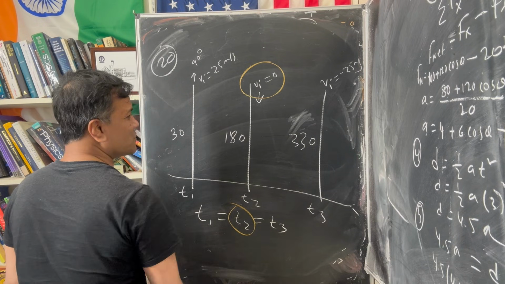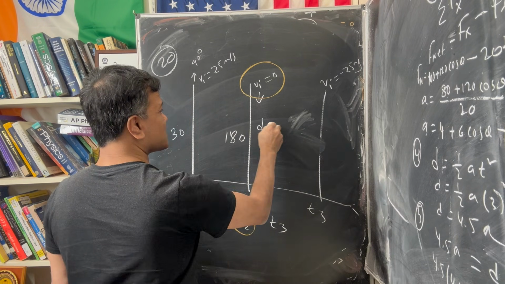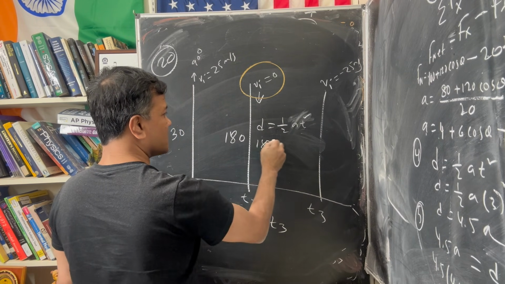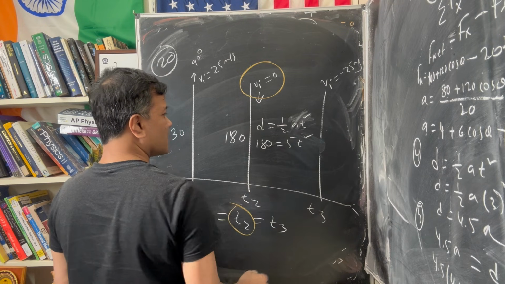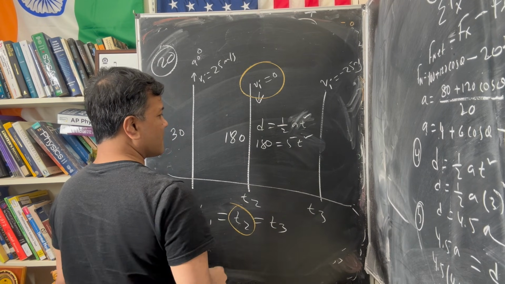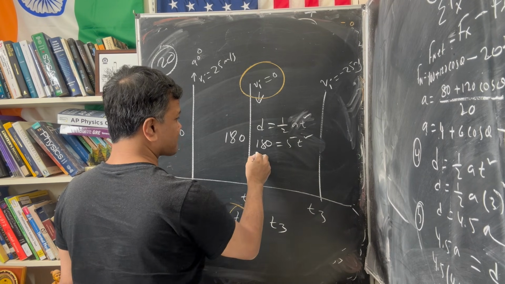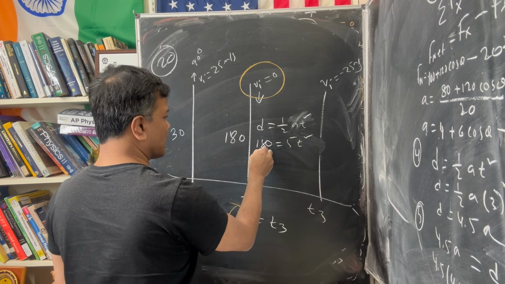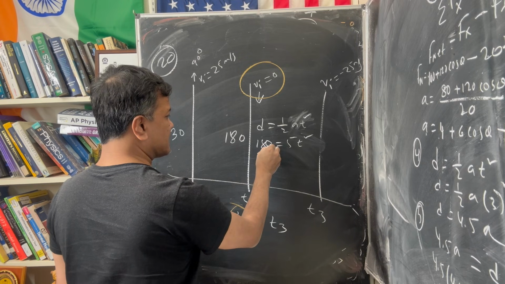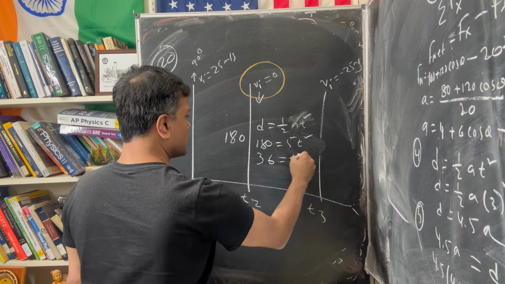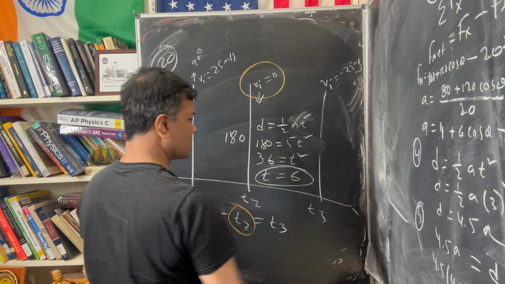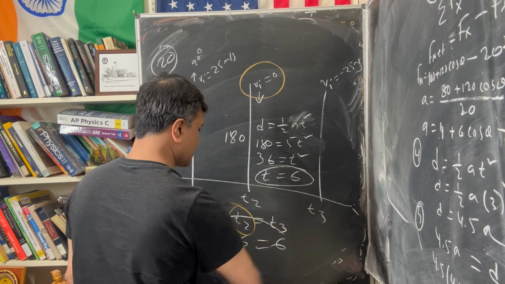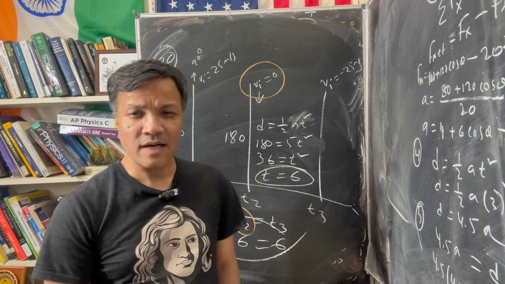How can you find T2? d is equal to half a t squared. d is 180, equal to 5t squared. 180 divided by 5 is 36, so t squared is 36. So t is equal to 6. So T1 is 6, T2 is 6, T3 is 6. Answer is 6. That was 20.